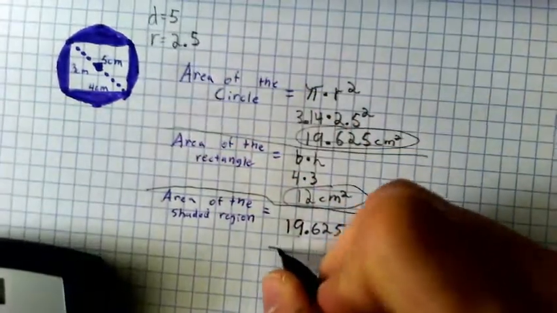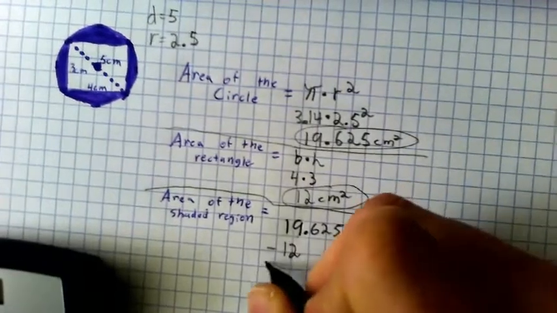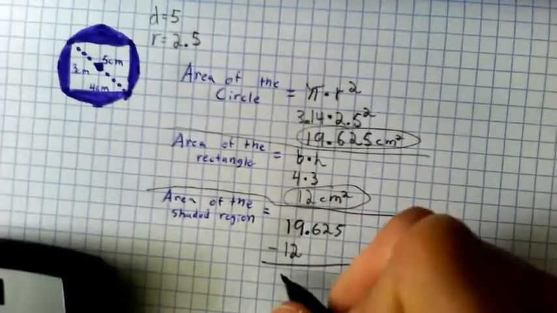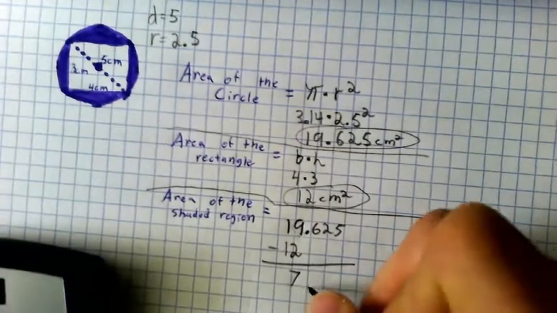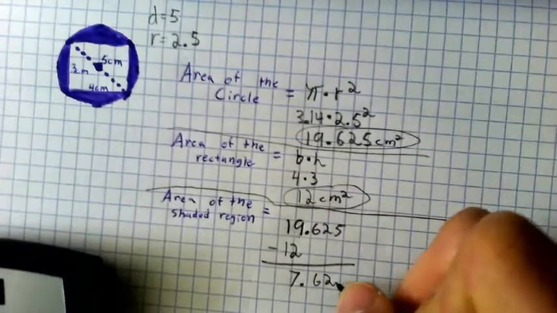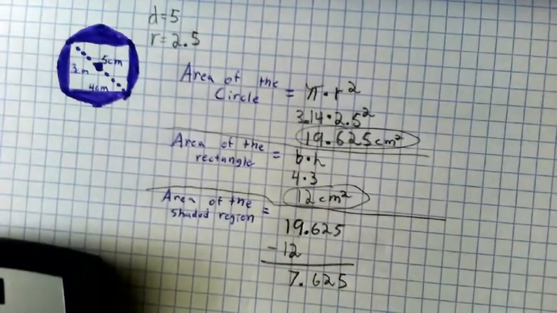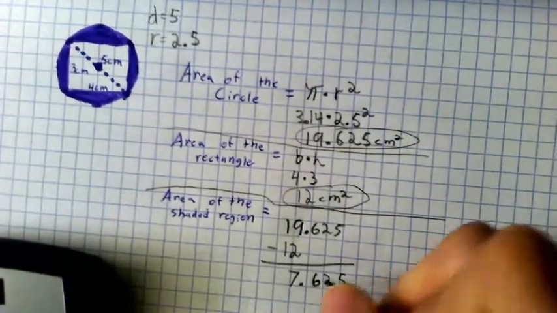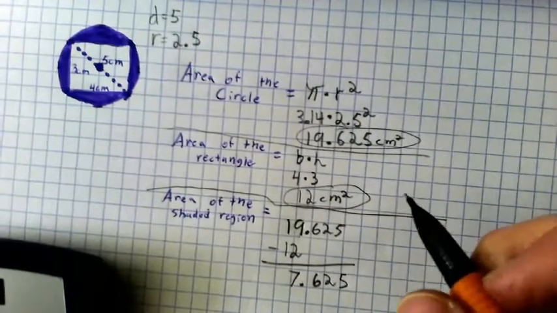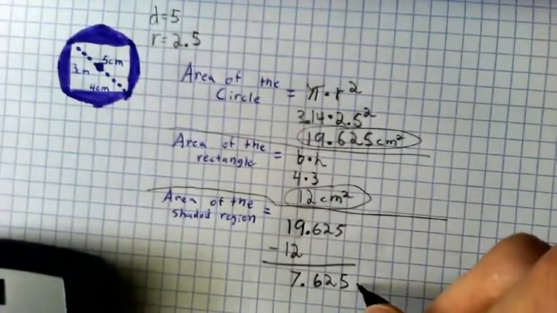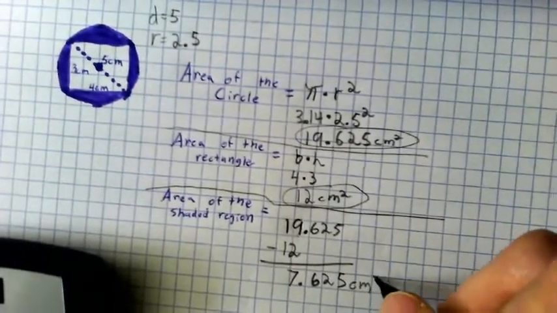So subtract 12. Okay, do my subtraction, and I get my answer to be 7.625. And that is the area of the shaded region. Okay? 7.625 centimeters squared.